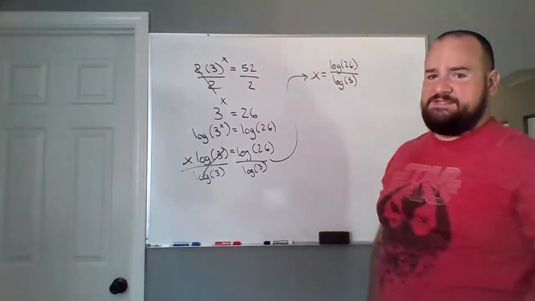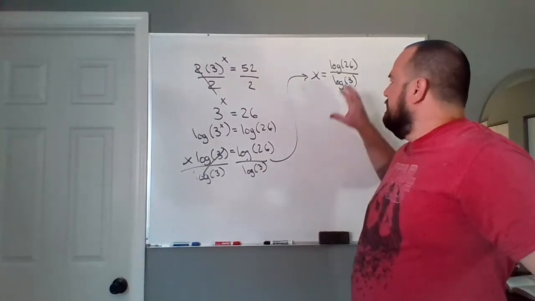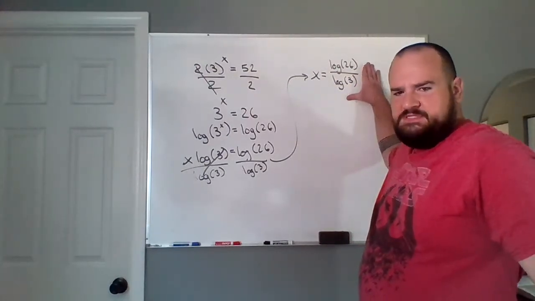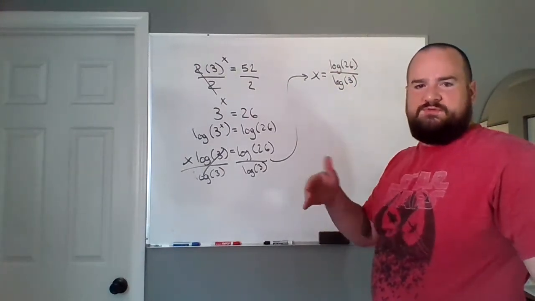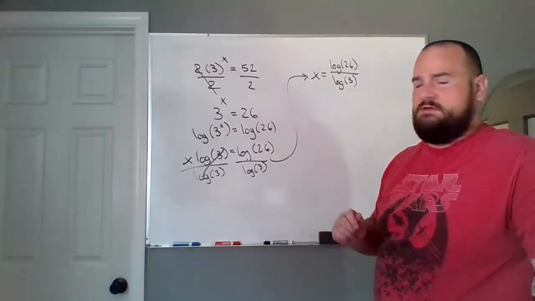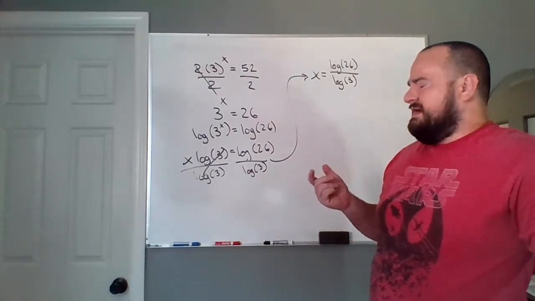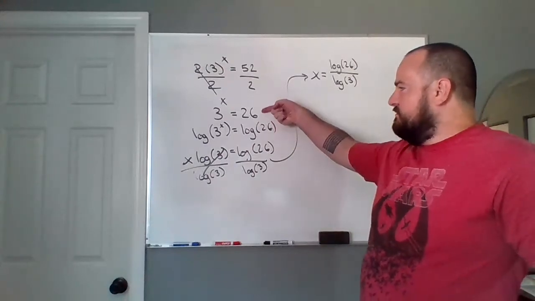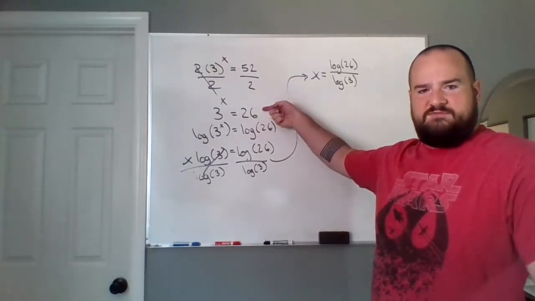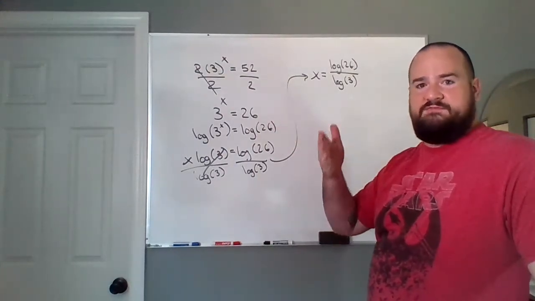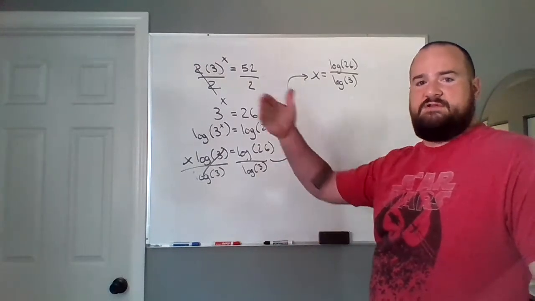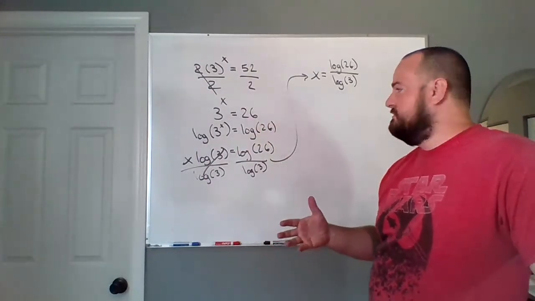Now, before we even solve this, what two numbers is this between? Is this between 0 and 1, 1 and 2, 2 and 3, 3 and 4, 4 and 5, and so forth? You may be going, how in the world am I supposed to know that? Well, it comes from looking at this and remembering powers of 3. We have 3, 9, 27, 81, and so forth.